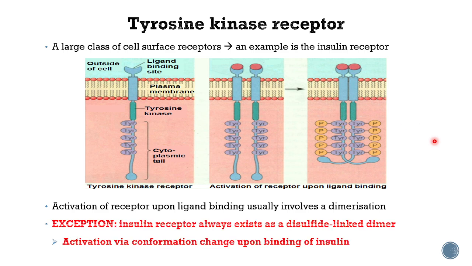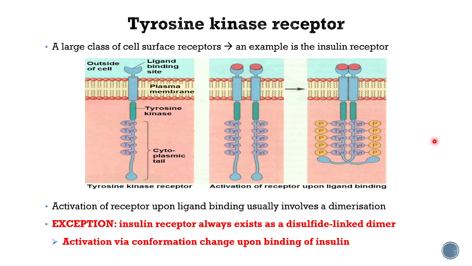However, a bit of detail for the insulin receptor: it does not undergo this dimerization because it is always a dimer, whether it is activated or not. It's a disulfide-linked dimer, with a disulfide bond, so it's a covalent, strong bond. The two subunits always stay together for the insulin receptor.